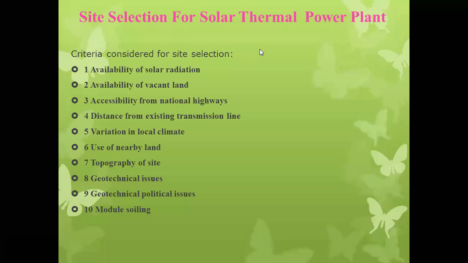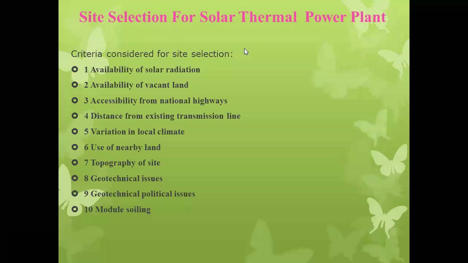We have to consider land condition, means whether it is rocky or marshy land, or what type of land is there. Also we have to consider the wind speed in that particular area, because the solar collectors we install will be exposed to wind pressure also.